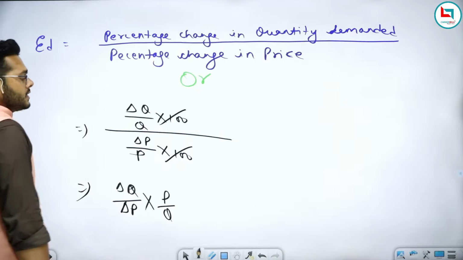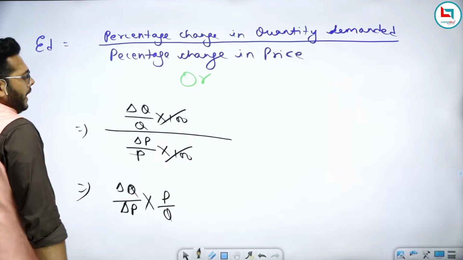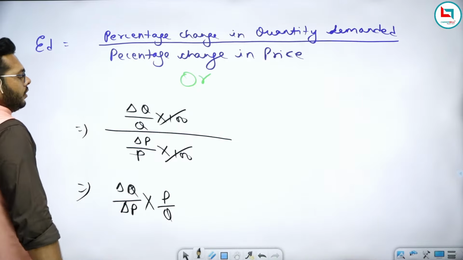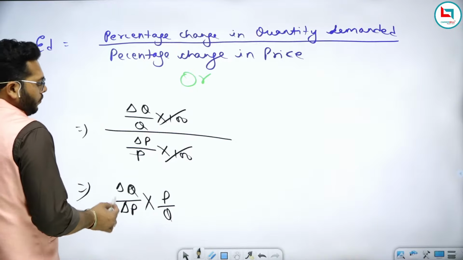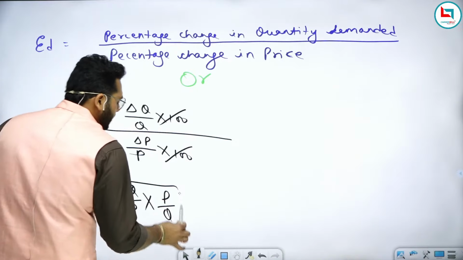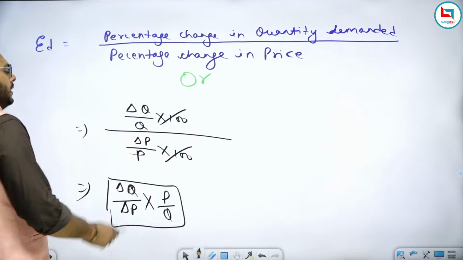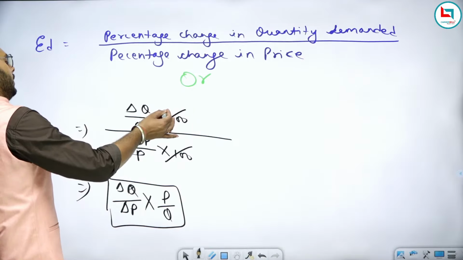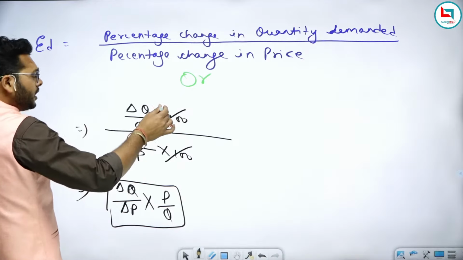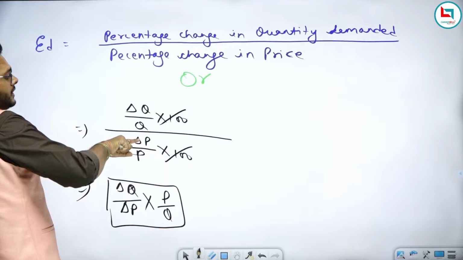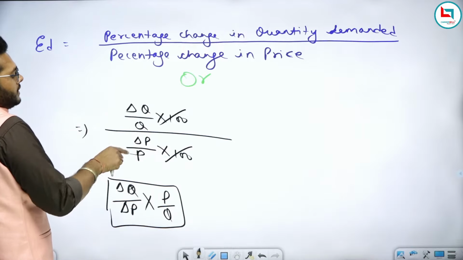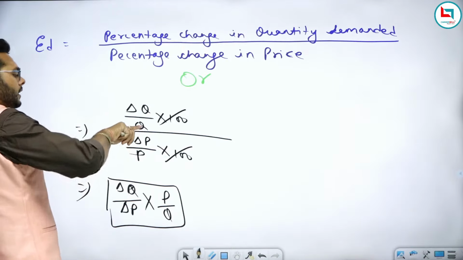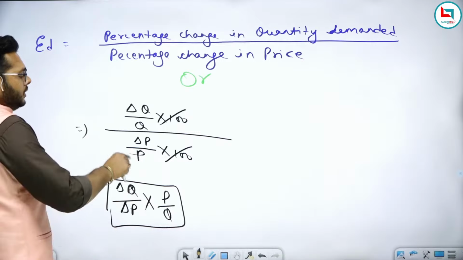Am I right or wrong? Just tell me fast. Am I getting clear to you all or not? So what answer will you get? The delta P will go to the denominator as a reciprocal, and P will go up.